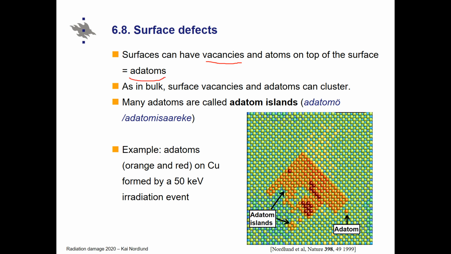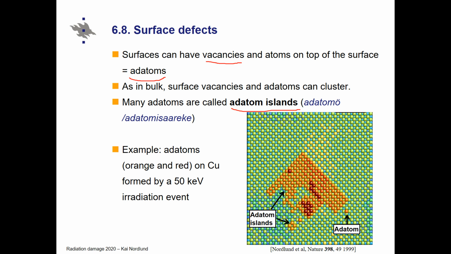And actually, surface science deals a lot with adatoms. There are many studies of adatoms not related to radiation. But both of these can cluster, so if you have many adatoms, you can talk about an adatom island. This picture shows a single isolated adatom. Here the atoms are colored by height, so these orange atoms are on top.